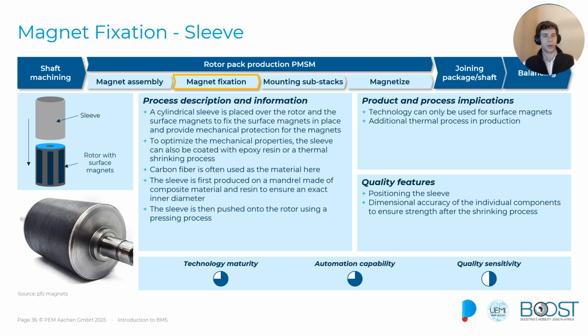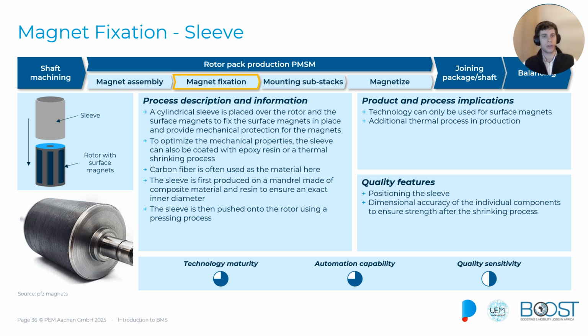And last but not least, the quite similar magnet fixation by a sleeve. Magnet fixation by a sleeve for a permanent magnet rotor involves enclosing magnets in a cylindrical sleeve. The process starts with inserting the magnets into the sleeve, which fits around them.